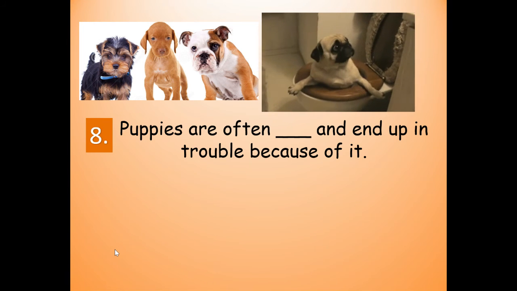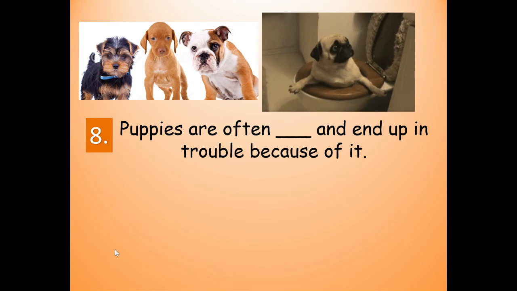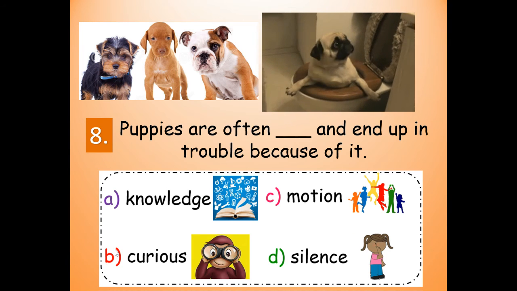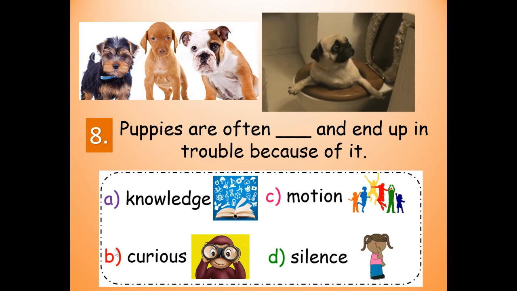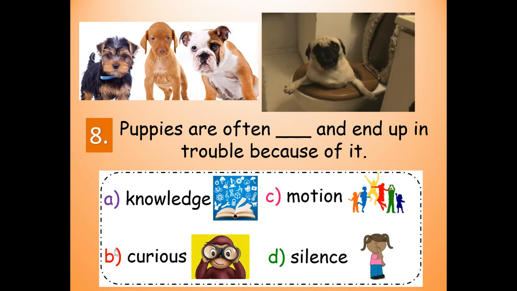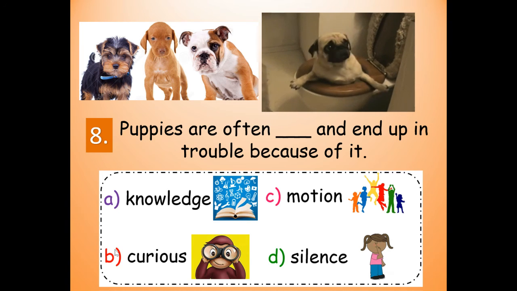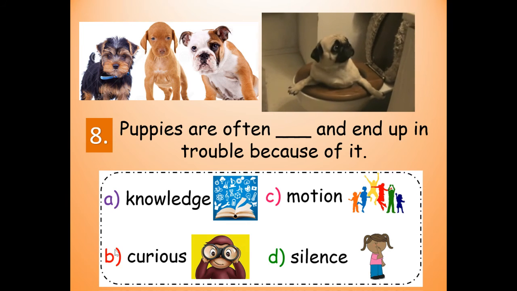Number 8, puppies are often blank and end up in trouble because of it. Puppies are often knowledge, curious, motion, or silence and end up in trouble because of it.